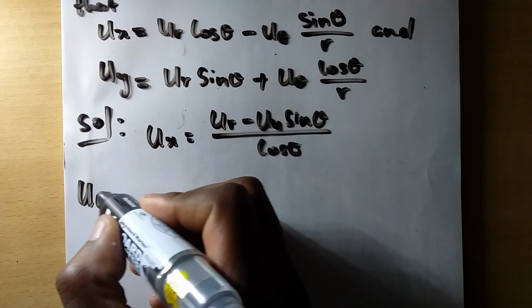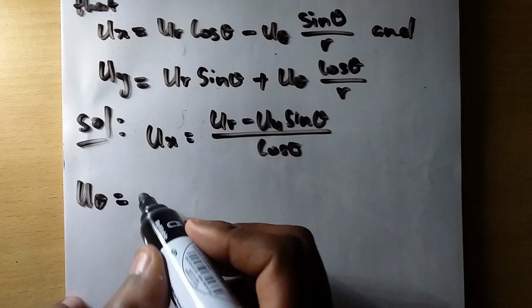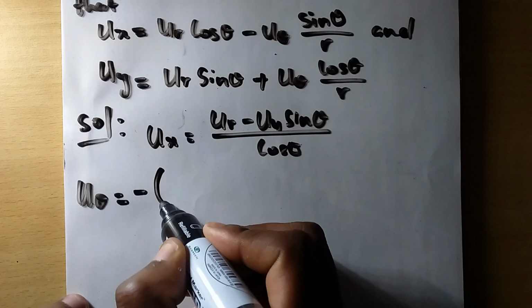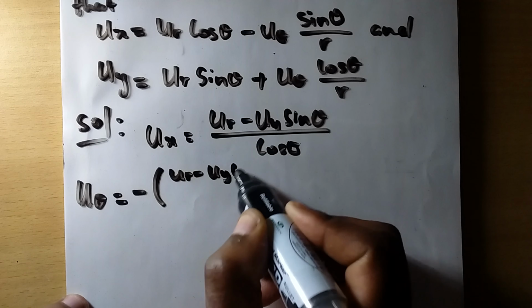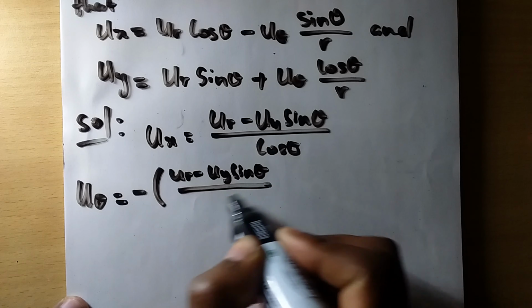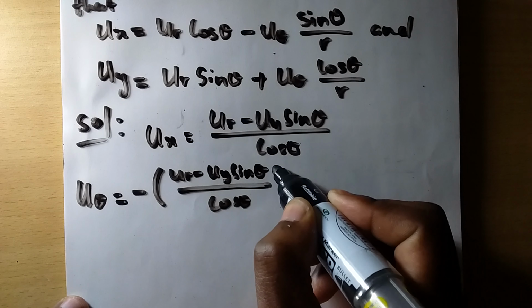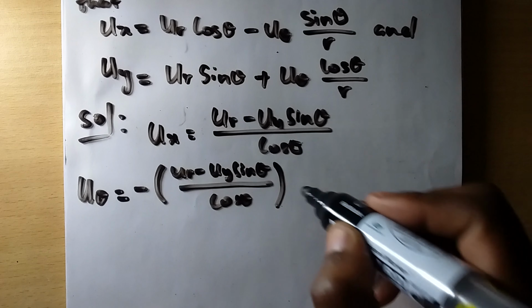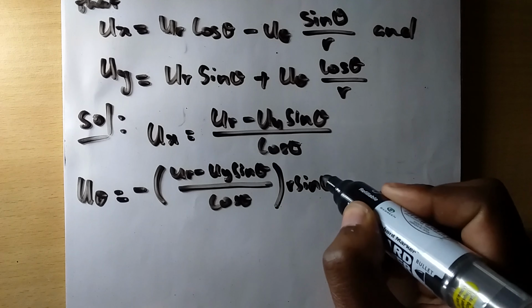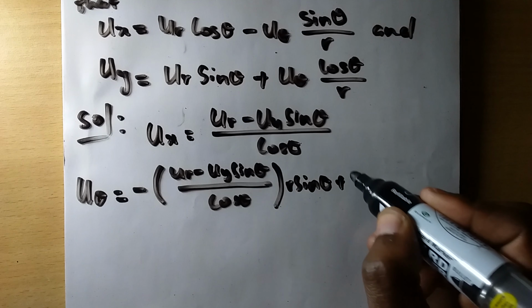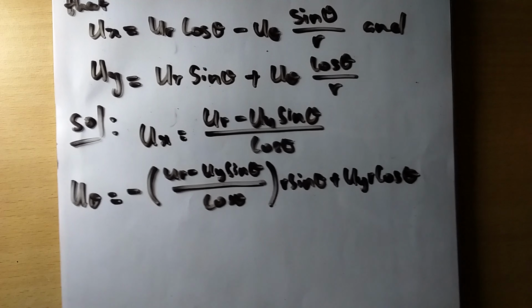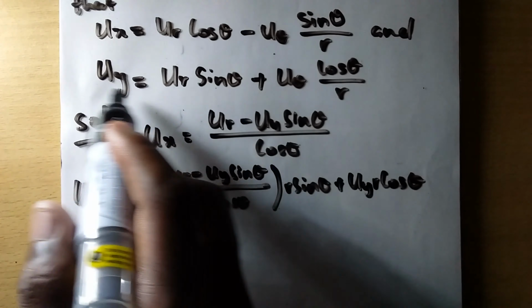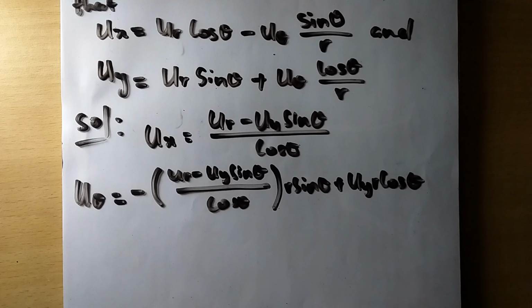So our U_θ will be equal to negative, and where we see U_x we substitute U_r minus U_y sin θ divided by cos θ, times r sin θ, plus U_y r cos θ. Now we have only U_y.